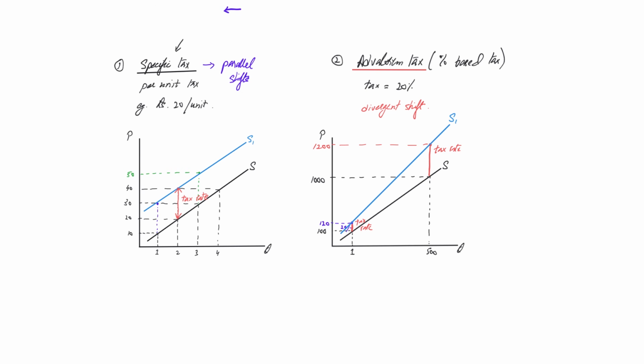They mentioned that the tax was ad valorem, and when in the diagram they asked you to show the effect of the tax, they did not mention in the question that it was an ad valorem tax. They just said show the effect of the tax, and 1 mark in the diagram was reserved for whether the student has taken the divergent shift into account.